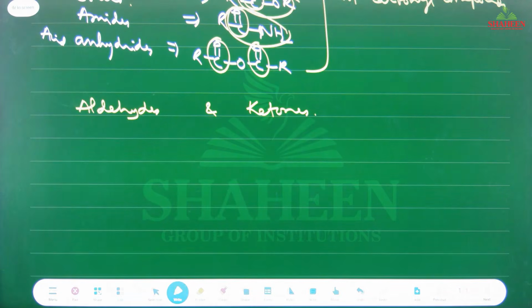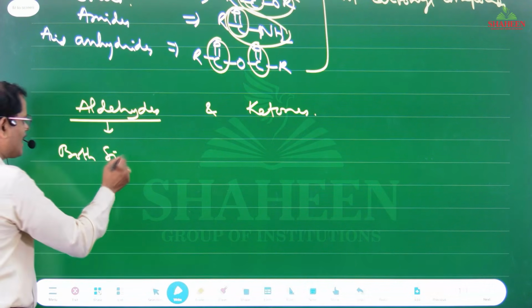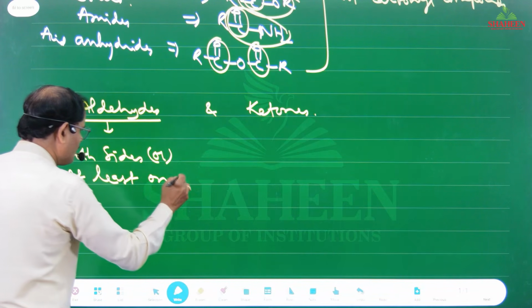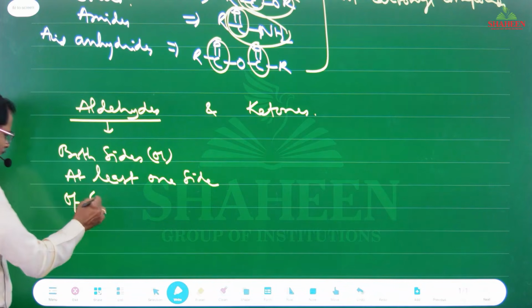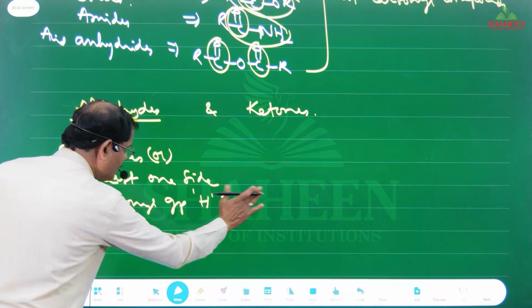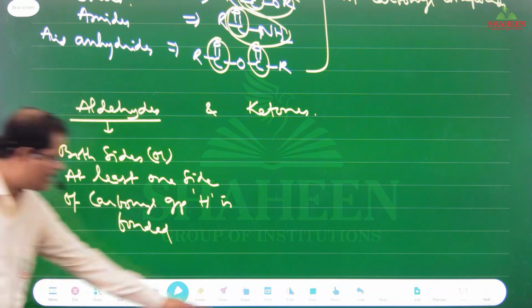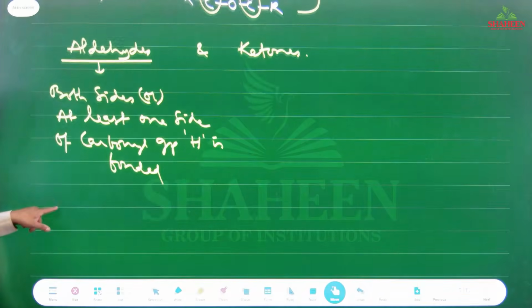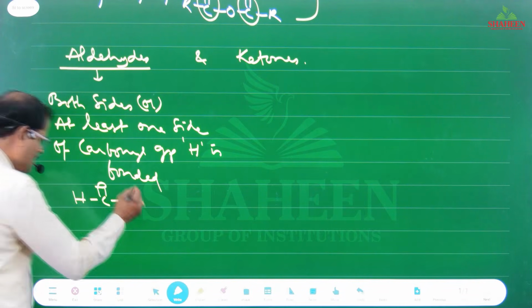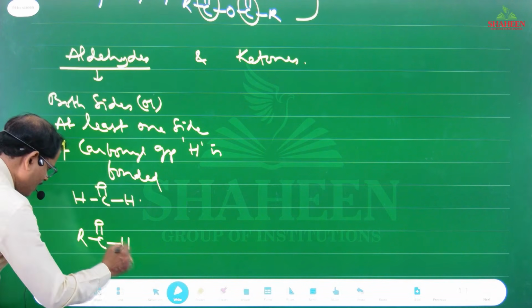When at least one side of the carbonyl group has a hydrogen atom bonded, then it is called an aldehyde. For example, here C double bond OH: at least one side of the carbonyl group has hydrogen bonded.